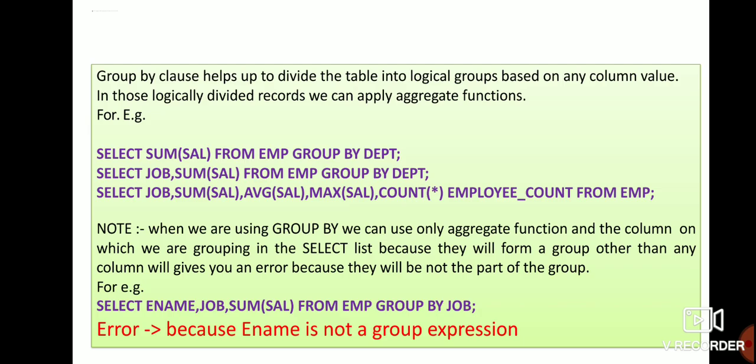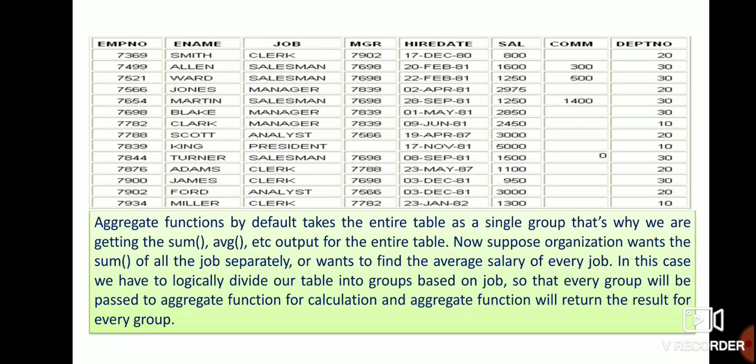So what will happen? What will be the answer? Department 10 I am checking. So how many departments are there? 1 2 3. So it will calculate the sum of the 10th department, then the sum of the 20th department, and then the sum of the 30th department.